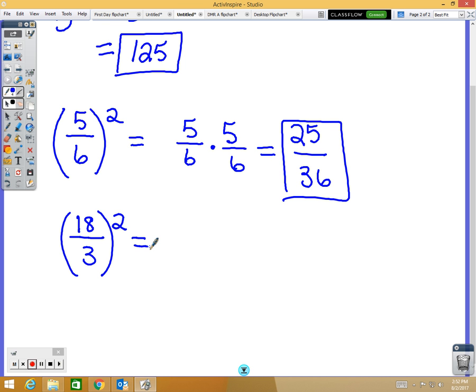So, hold on. So what we should do here, again, parentheses, we can do 18 divided by 3. 18 divided by 3 is 6. So that is way easier than this method. But notice the difference in those, okay? This fraction we couldn't simplify really. This fraction we could.